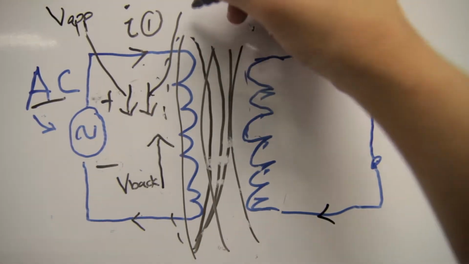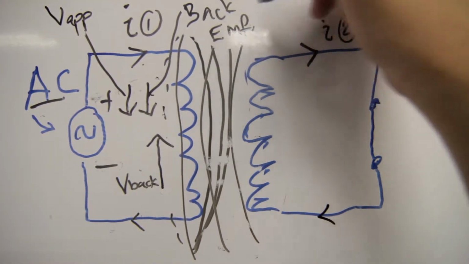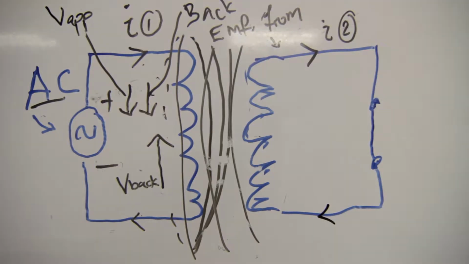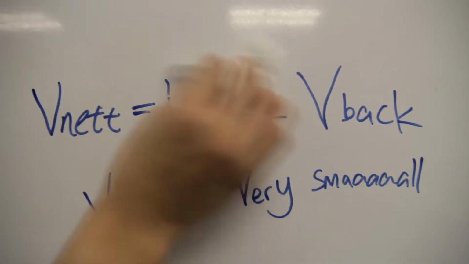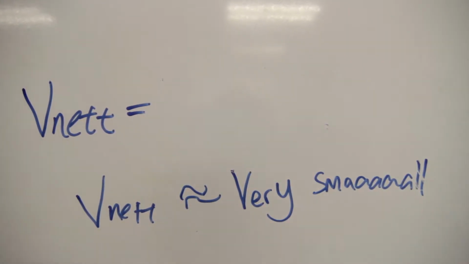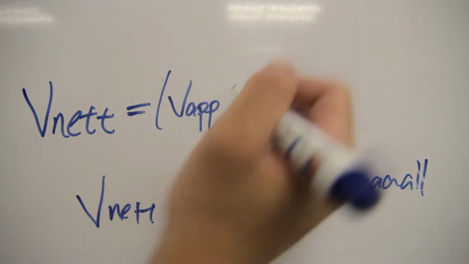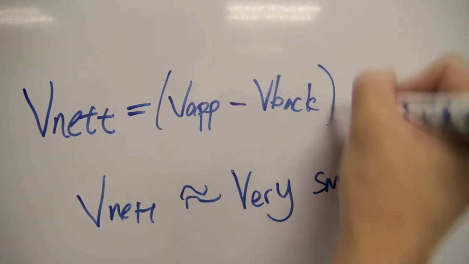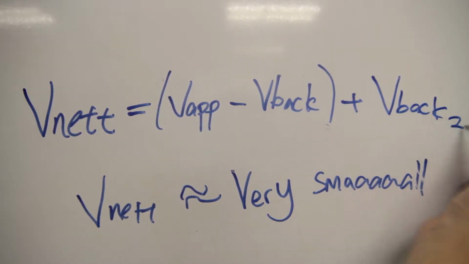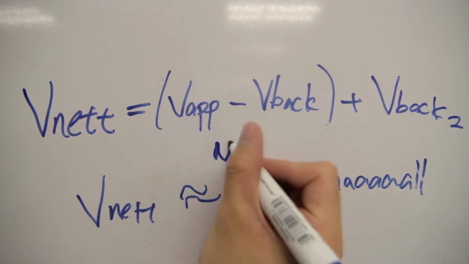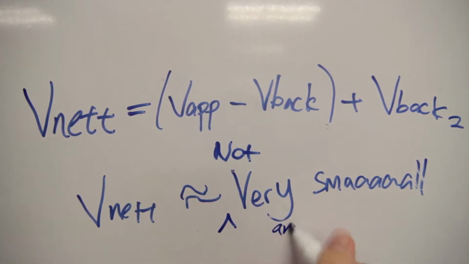And this EMF is actually the back EMF from circuit 2. So now we can edit the equation to V app minus V back plus V back 2, which is the back EMF from circuit 2. So the net voltage is not very small anymore.